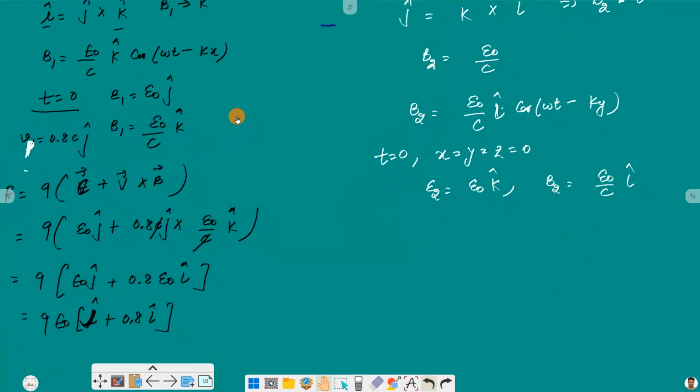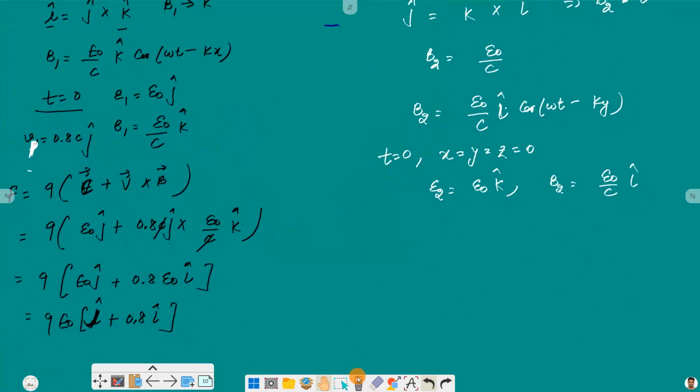So the force will be equal to q times E2, that is E node k, plus v, that is 0.8 c j, cross B, that is E node by C of I.